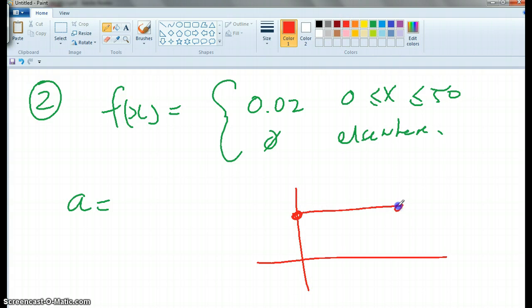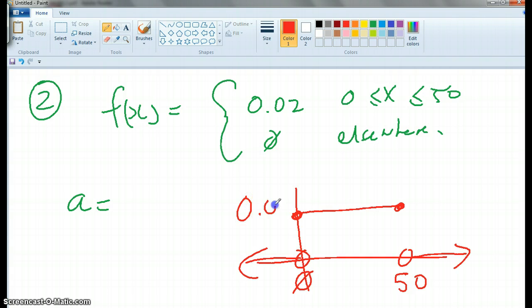Colour in, hollow, arrow, arrow. This is 0. What's this? 50. And what's the height? 0.02. Correct. a equals 0, and b equals 50.